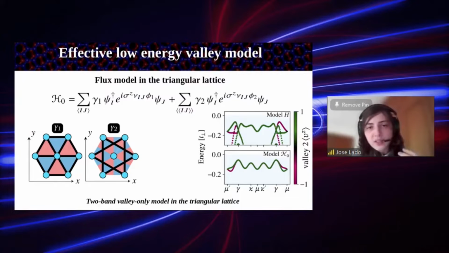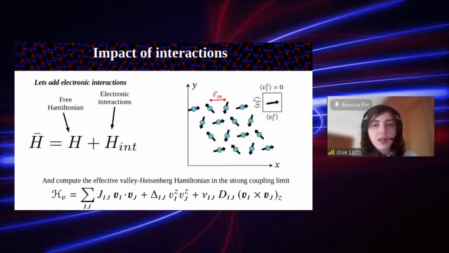So now with this single orbital model in the triangular lattice, we include interactions, and once we include interactions, we know that in the strong coupling limit, this model is going to map to an isotropic Heisenberg model. And in particular, we are capable of deriving all the different constants that control this valley Heisenberg model in the triangular lattice.